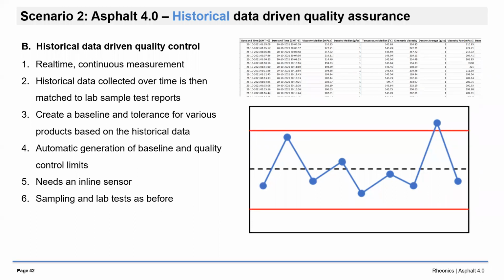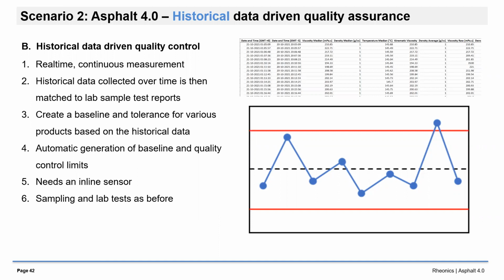Once you have a couple of months of data along with the lab measurements, you are able to create a baseline, because you have lab measurements that said, well, this is all good. There will be some lab measurements that say something is off and this is not acceptable.